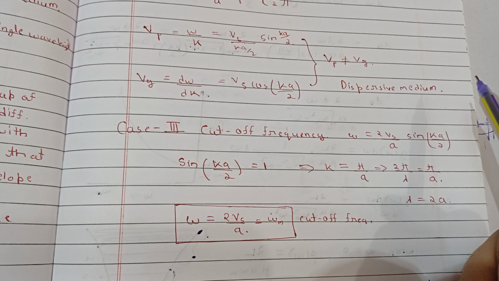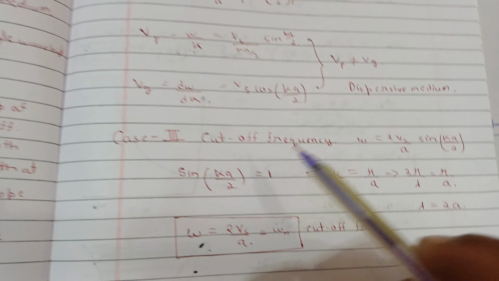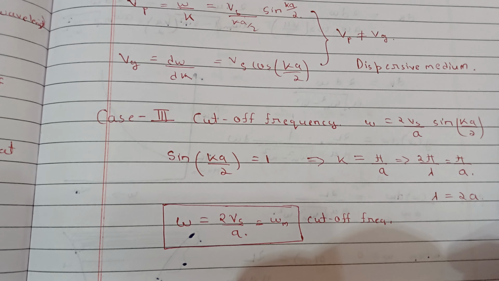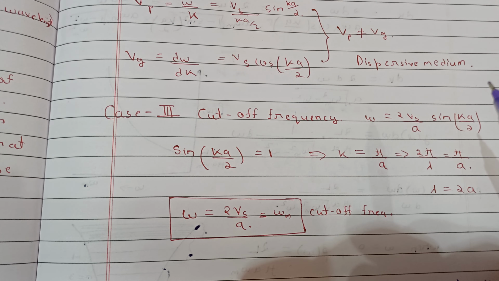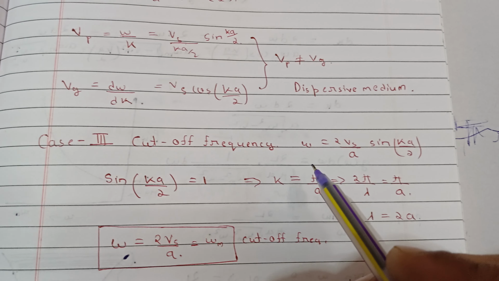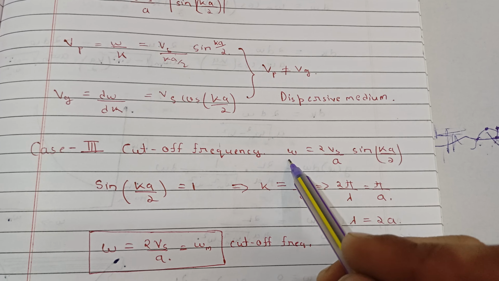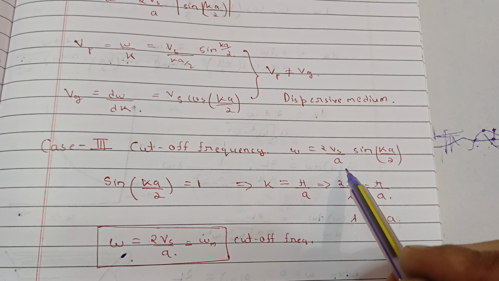Now let's take the third case, that is the cutoff frequency, means inside a solid the atoms have a maximum frequency, they can't have a frequency more than that value. And what will that be? So omega equal to this expression we know. The maximum value can be obtained by putting the sine as 1, then it will be maximum, that will be 2 Vs by a.